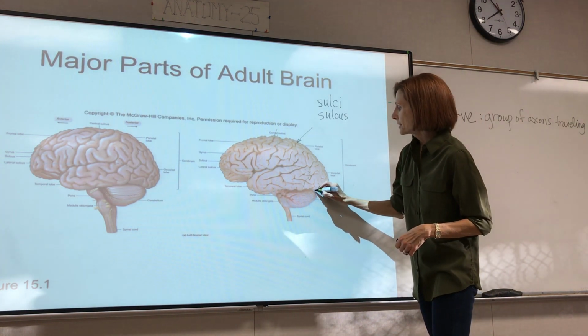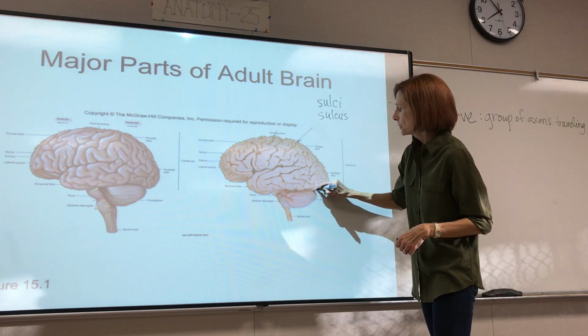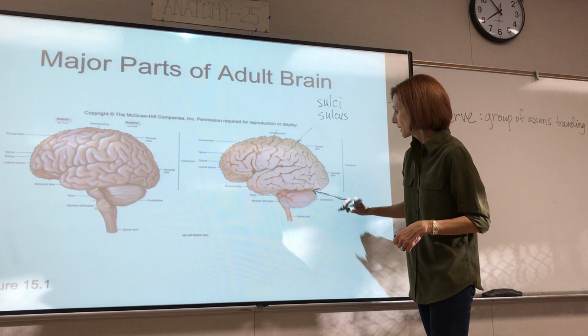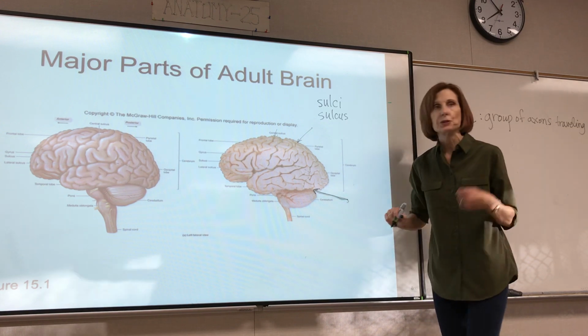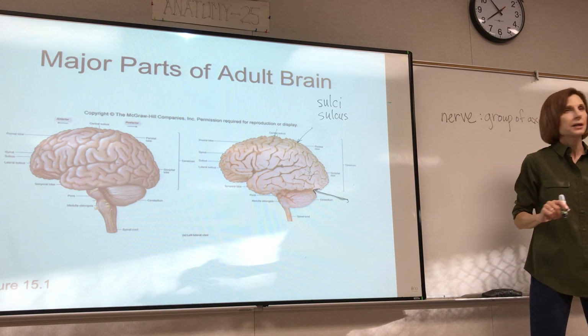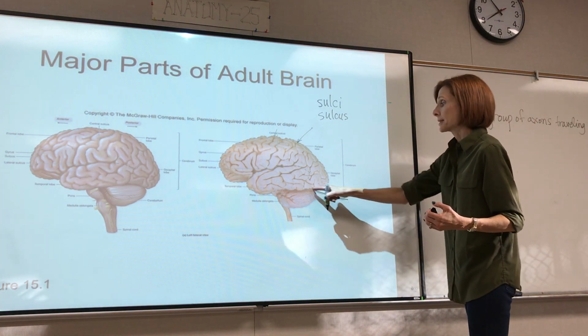Notice here, we have a really deep fissure. I think they forgot to label this, unless they've added a label in the new edition. They mention it in the text, but they forgot to label it, so you can add this label somewhere.